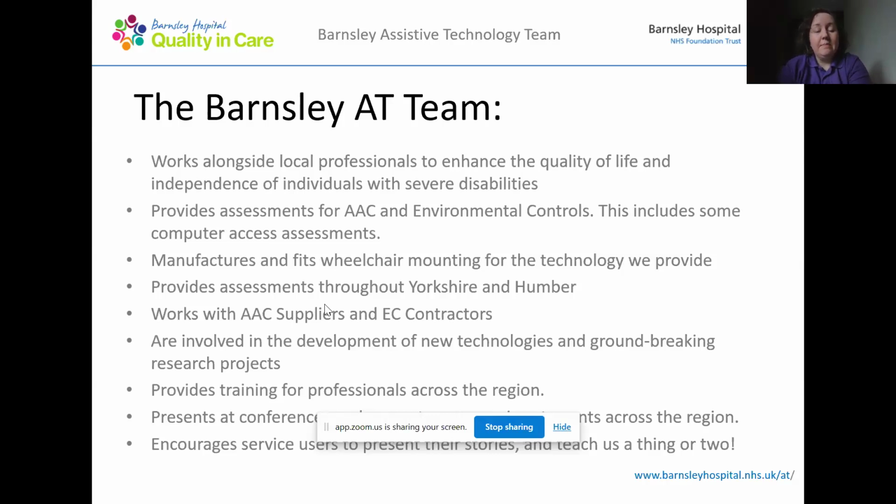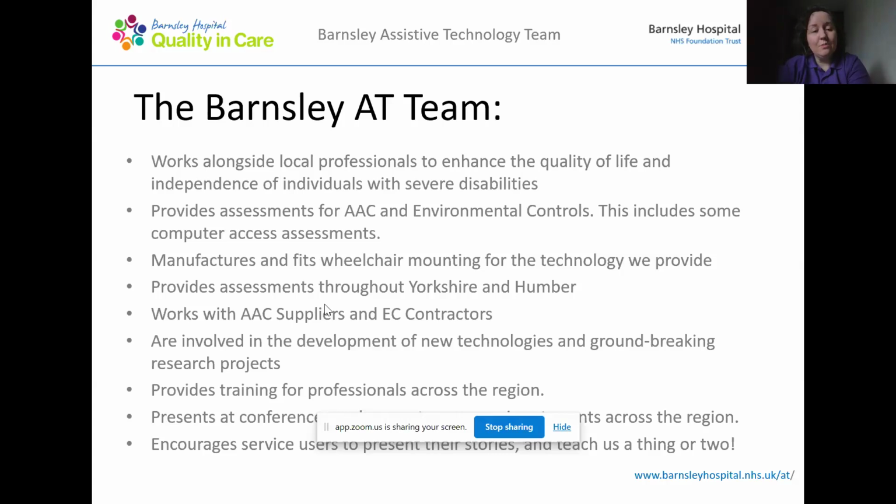That could be physical disabilities, but it could be more of a communication difficulty as well. We provide assessments for AAC, which stands for Alternative and Augmentative Communication, i.e. communication aids, and environmental controls.